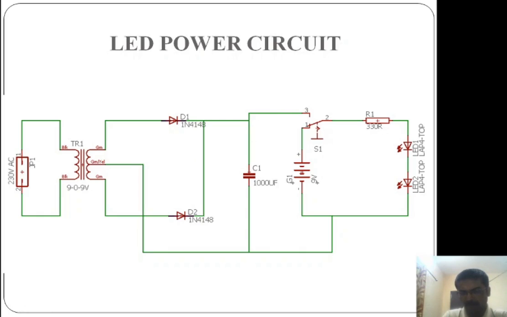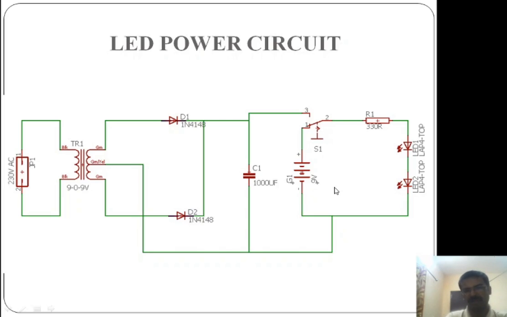Next, with the help of this switch, if it is connected to number 3, then this DC will power the LEDs. Otherwise, if you connect the switch to connection 1, this will be disconnected and the LED circuit will be powered from the battery.